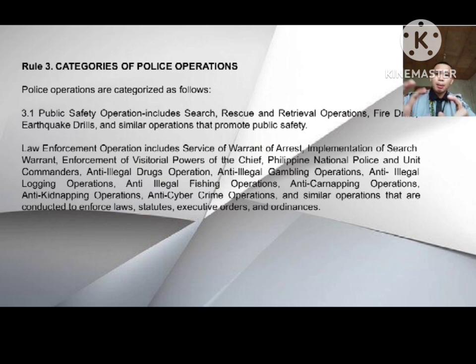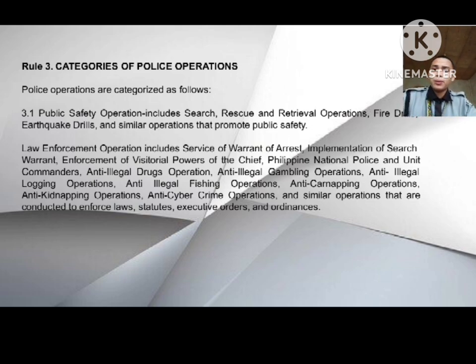So public safety operations, especially these search, rescue, and retrieval operations, are activities that help protect and prepare the community during emergencies.